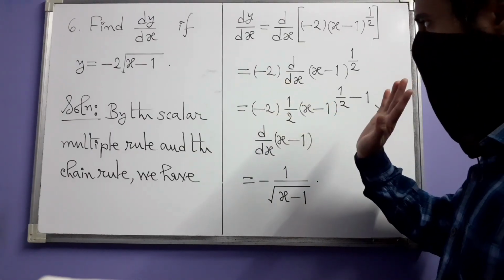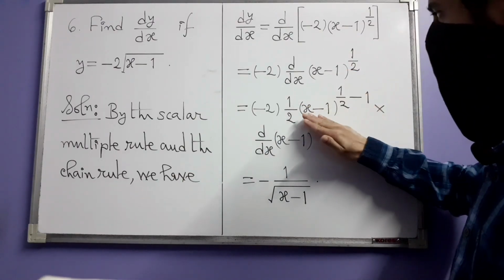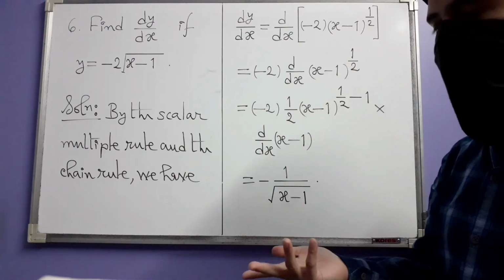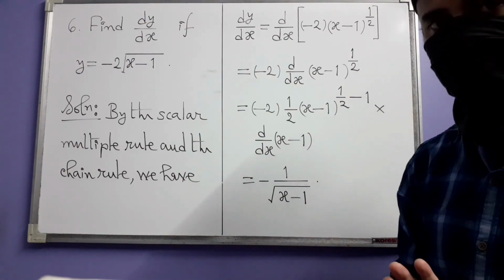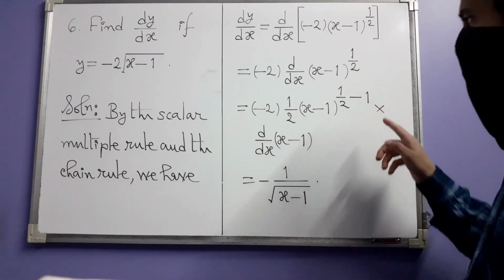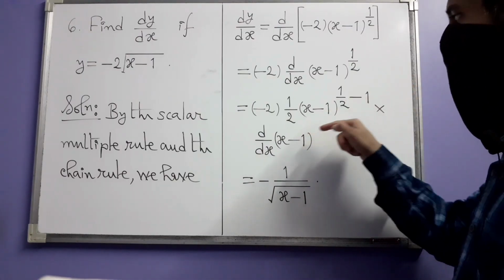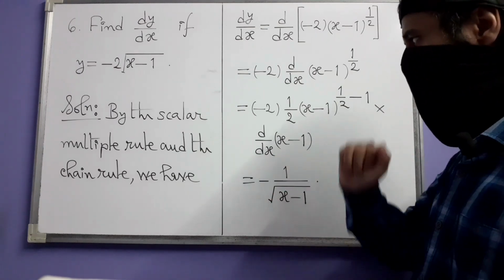So minus 2 is already here. So this 1 over 2 comes down times another power, where this time we subtract 1 from the existing exponent, which is 1 divided by 2. And because we are applying the chain rule, we have to multiply this by the derivative of the inner room, x minus 1 with respect to x.